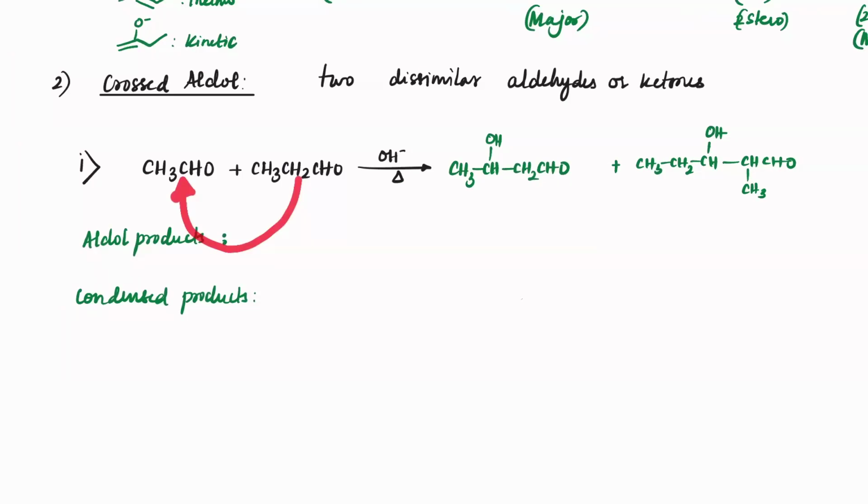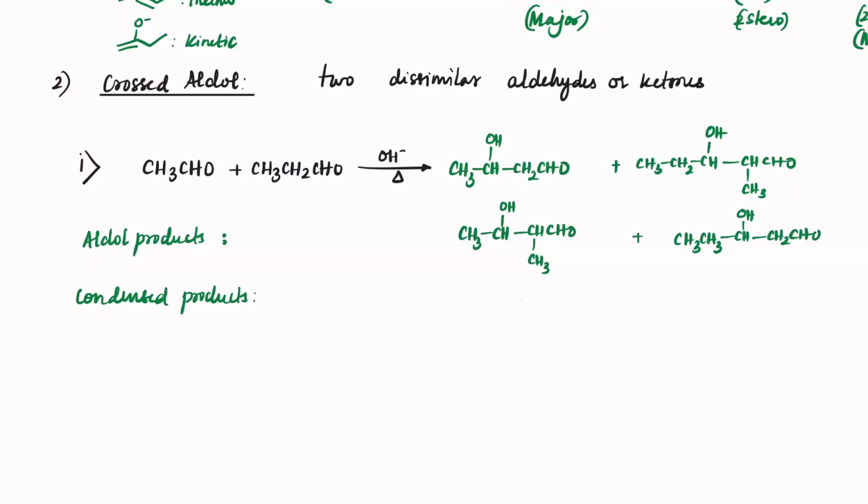Okay, focus. So that means I have CH3, CHOH, and then CH3, CHO. Last one. Now this side, this CH2 minus attacking on this CHO here. So I'll have CH3, CH2, CHOH, and that is connected with CH2, CHO.